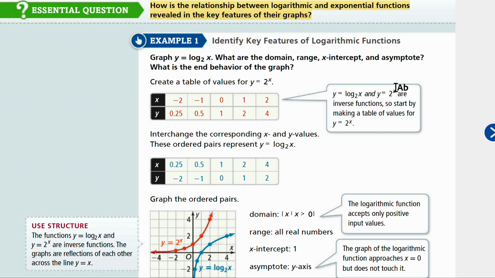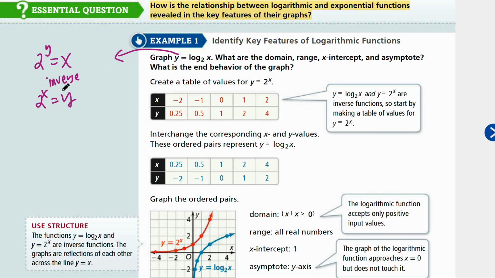So the inverse function of this one should be 2 to the power of x equals y.